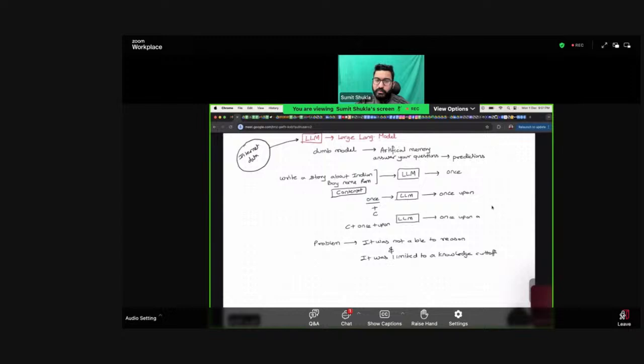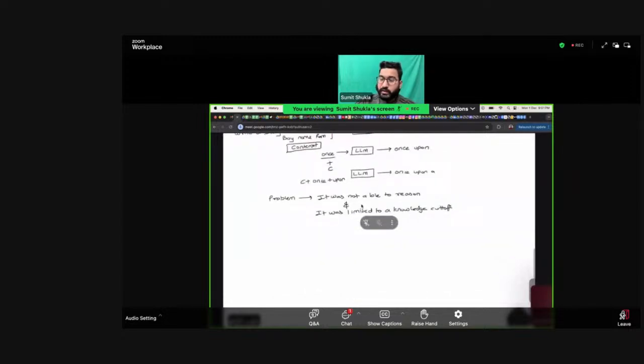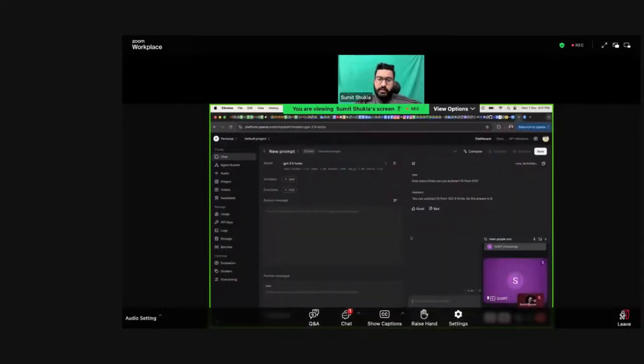So this model, which was the earlier model, was basically a very simple text generation model. It was generating the text based on what it has already generated, and there was a knowledge cutoff. Let me ask this question from GPT 3.5.